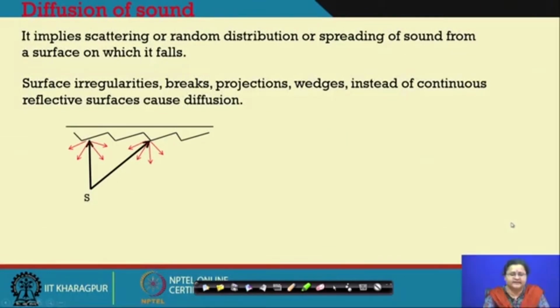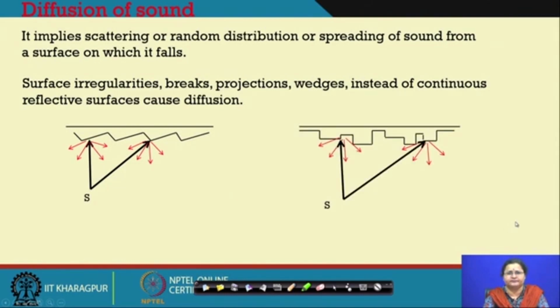So, you see here, if the surfaces onto which the sound is impinging have irregularities, maybe at a regular interval, maybe very non-uniform like this, the sound hits there and actually does not come out the way it was incident.